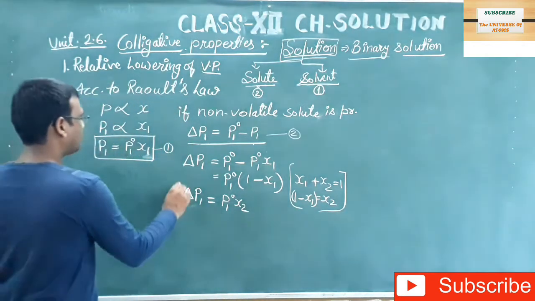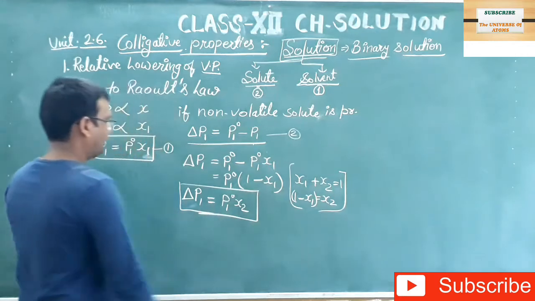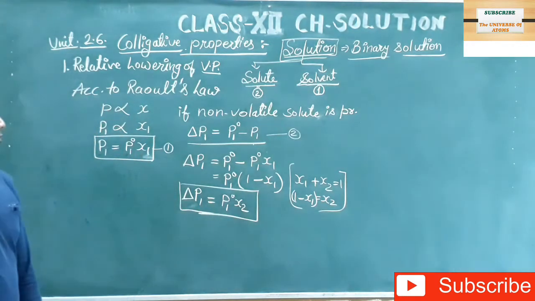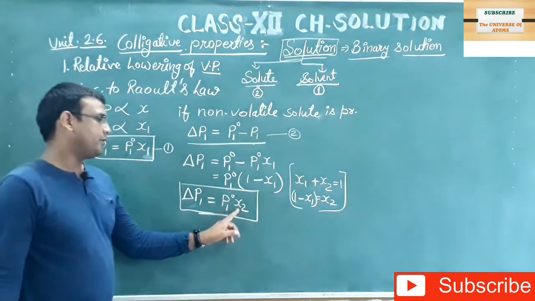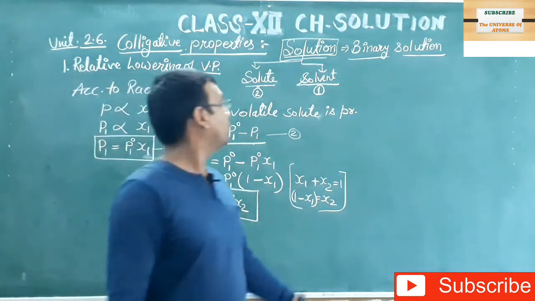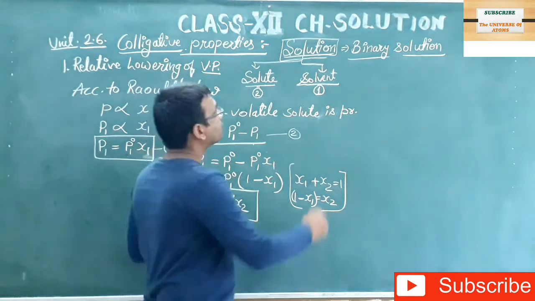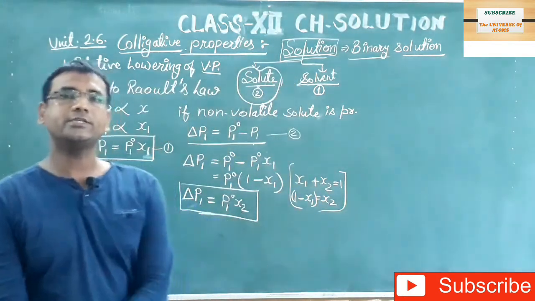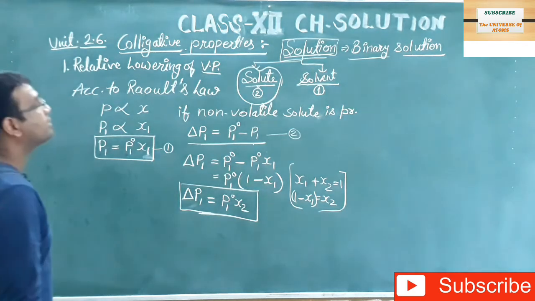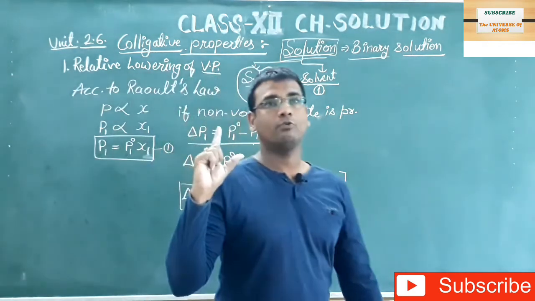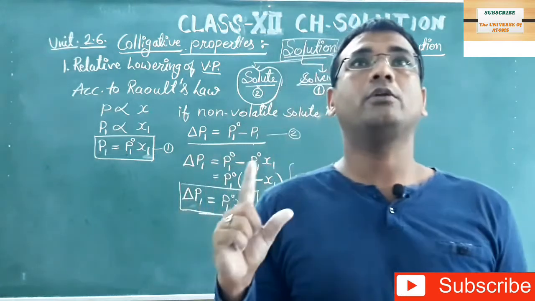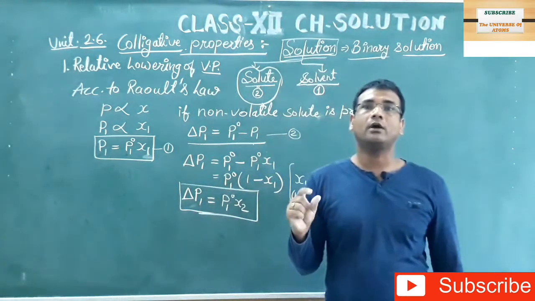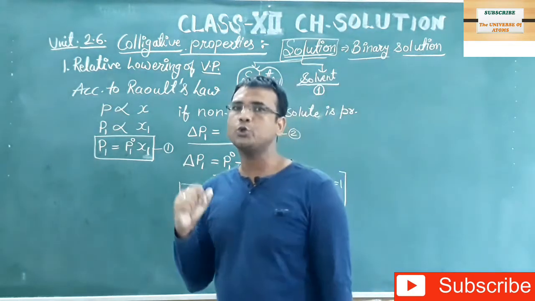Now what is this formula? Delta P, that is the change in vapor pressure, is dependent on the mole fraction of the second component, that is, the solute. And what was the definition of colligative property? A property which depends on the amount or quantity of the solute.